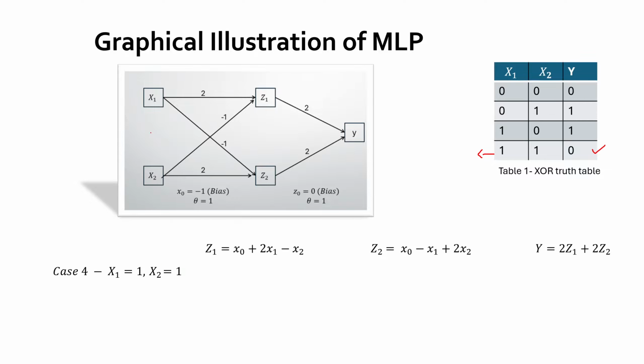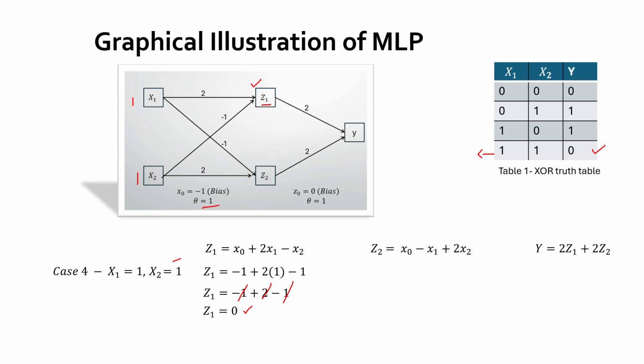In this case, we substitute the values 1 and 1 for calculating the weighted summation at the neuron Z1: the bias of -1, plus 2 of x1, which has a value of 1, minus x2, which has a value of 1. So it becomes -1 plus 2 minus 1. It will cancel out, so we get the value 0, and the weighted summation at the neuron Z1 is now 0.